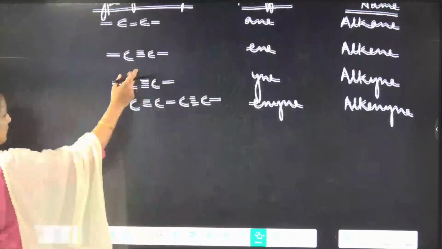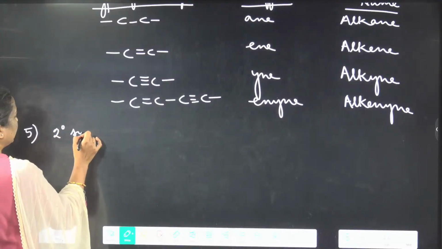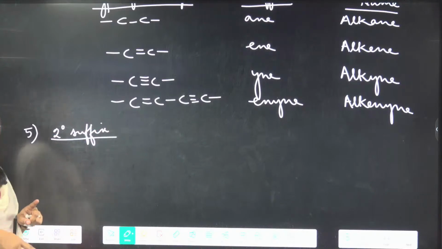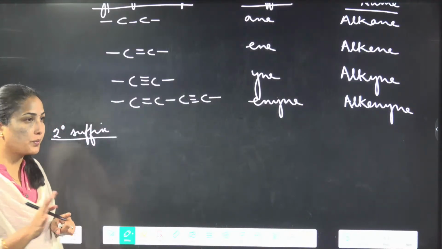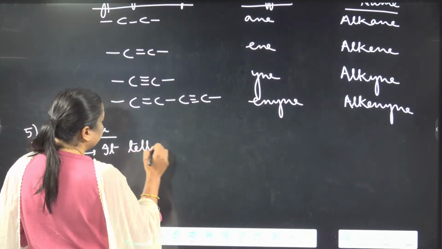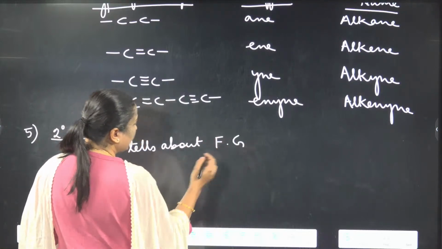Now, last but not the least, we have the secondary suffix. So basically the secondary suffix is going to give you information about the functional groups. So it tells about the functional group, FG is functional group.